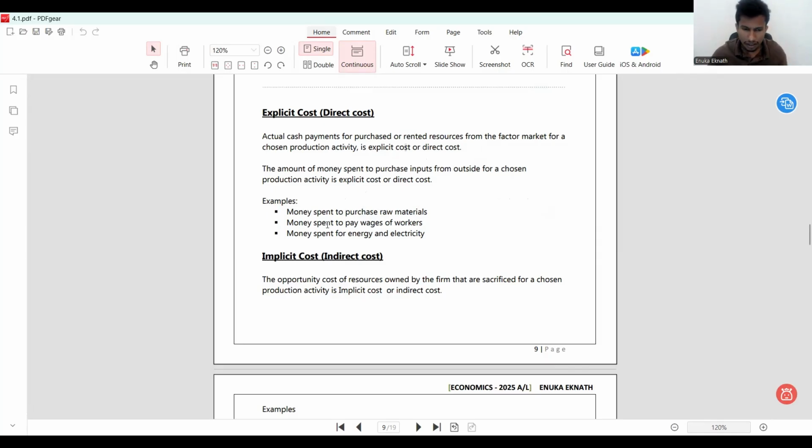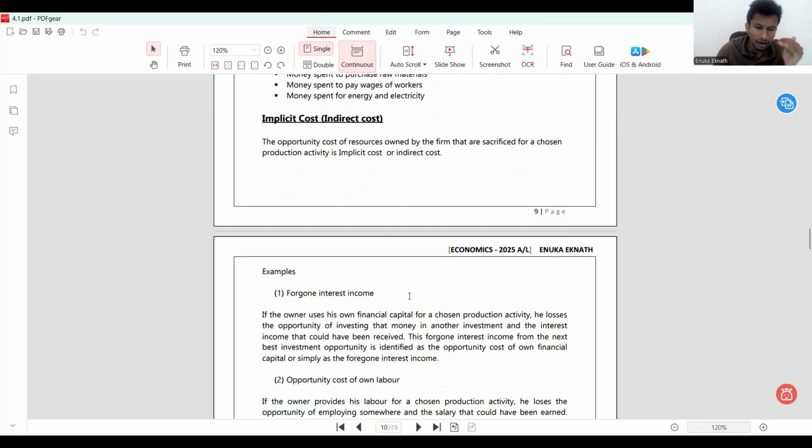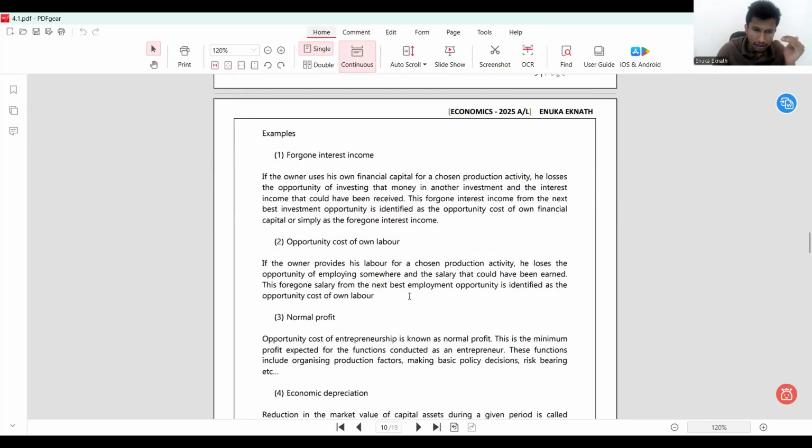So that is the definition, and you see some examples for such costs. And implicit cost, if not indirect cost: the opportunity cost of resources owned by the firm that are sacrificed for a chosen production activity is implicit cost or indirect cost. And for the indirect cost, I have given these examples.